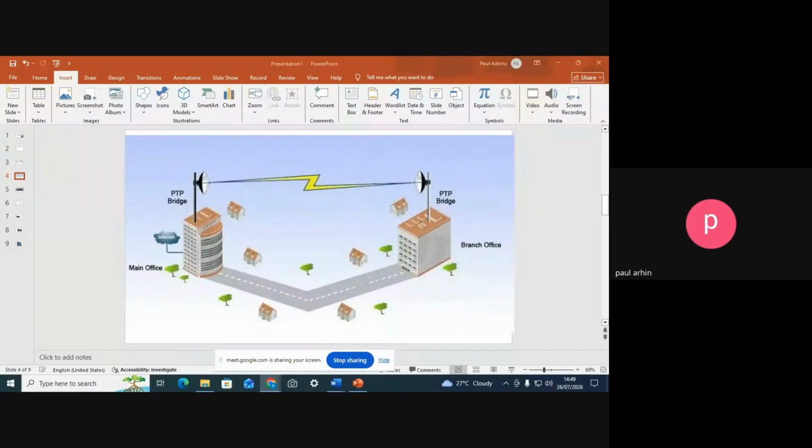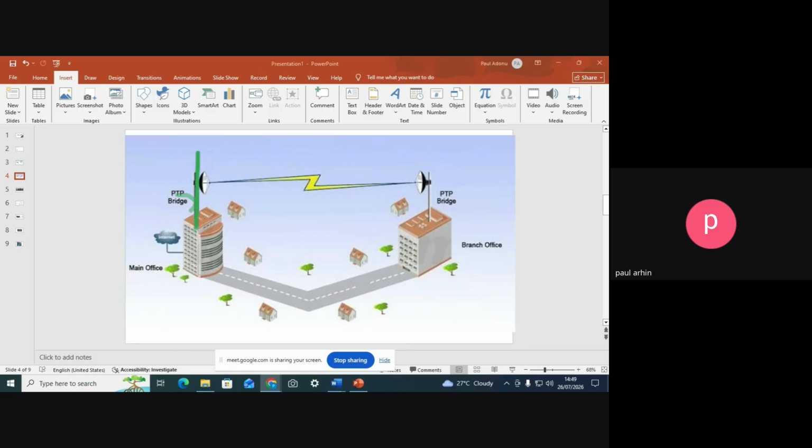When it comes to UCC, for instance, it is obvious that this branch office could have more than one bridge on this pole, because the branch could be at this point, so a bridge will have to be positioned to meet its line of sight here. There can be another office here that also needs this access, and that one too.